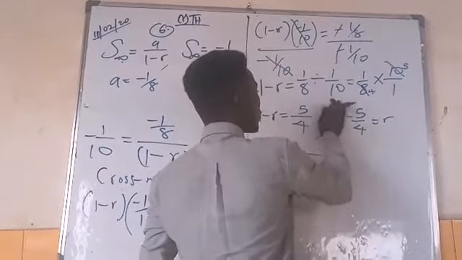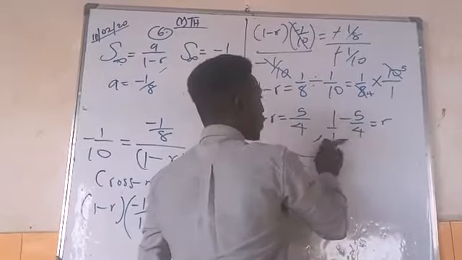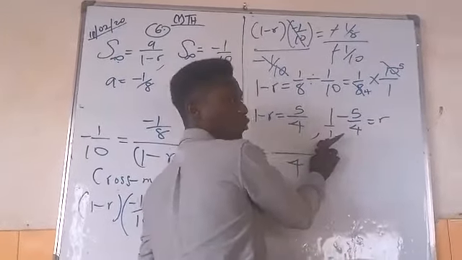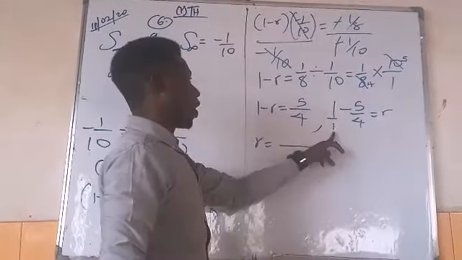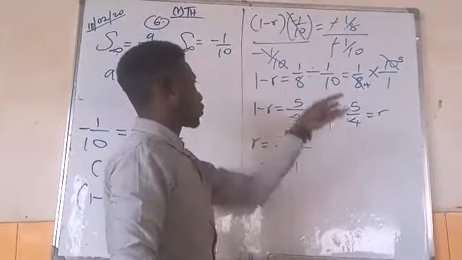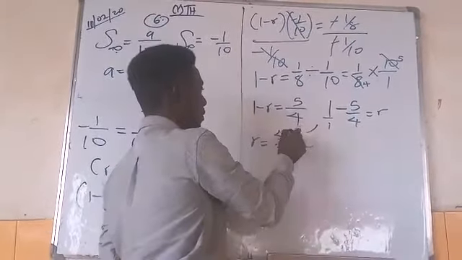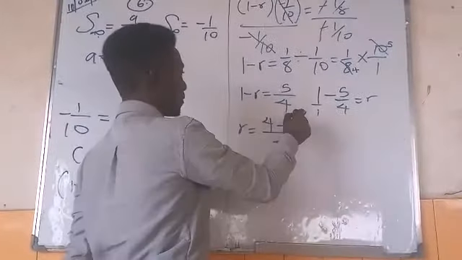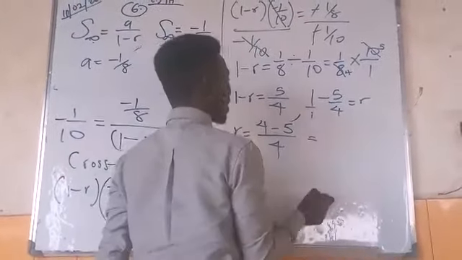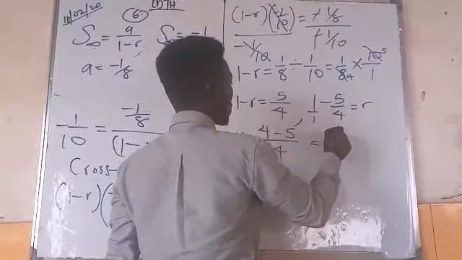So the reason why you have to put 1 here is because this is a fraction, then just make this one look like a fraction. So now, what is the LCM? 4. 1 in 4. 4 times 1 minus 4 in 4. 1 times 5. So what do you have as a final answer? 4 minus 5 is what?